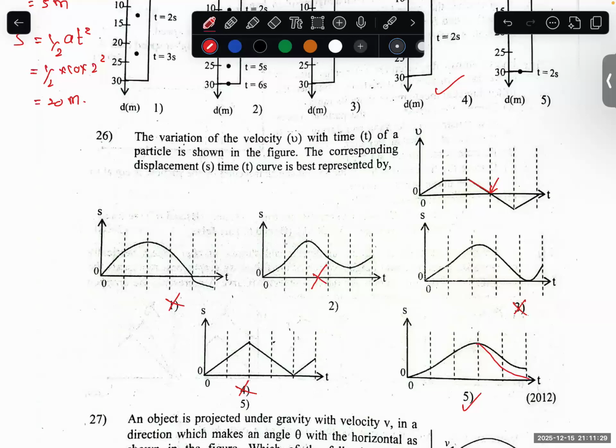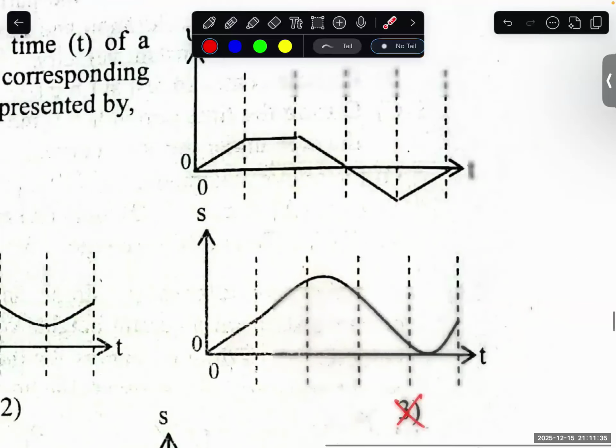The area on the positive and negative sides of the velocity time graph should be equal. Excellent. Yes. So this area gives you the displacement in the first, positive direction, and this area will give you the displacement in the opposite direction. This is obviously greater when you look at it.